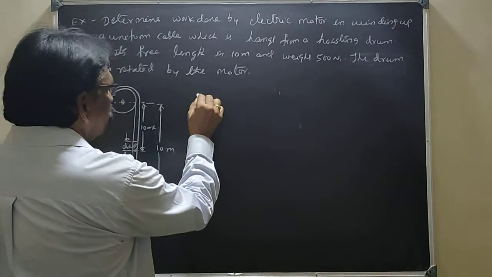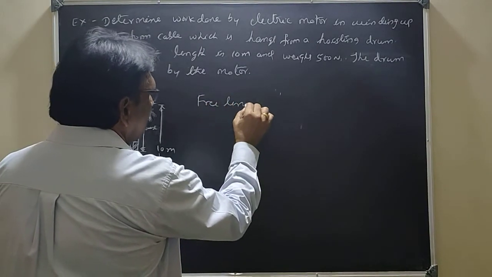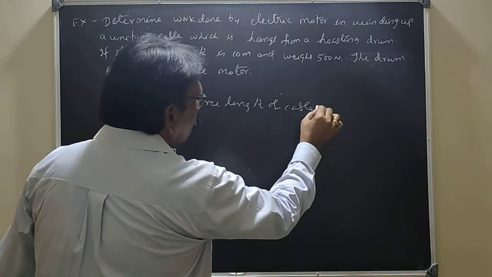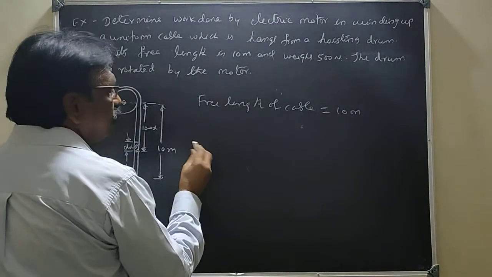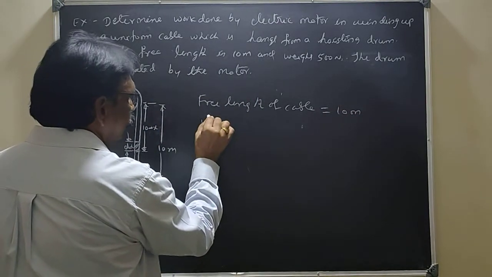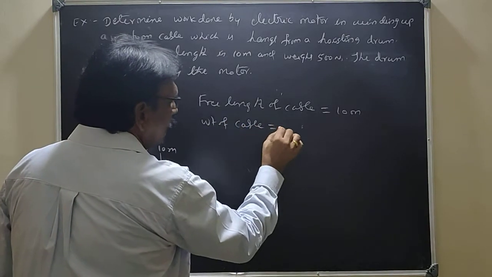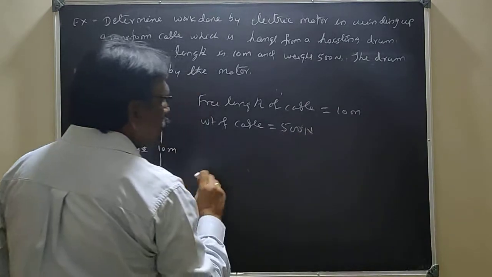So here the free length of cable is equal to 10 meter. Therefore, the weight of cable is given as 500 Newton.